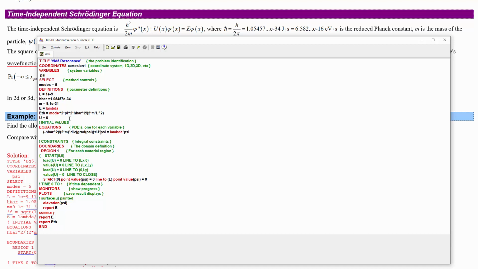At the edge of this well, when we're not between x is 0 and x equals L, the potential is so high that there's no chance that the particle could be there, and we just set the wave function equal to 0 at those points. Then we end up with a differential equation that basically says some constant times div grad of psi is equal to another constant times psi.